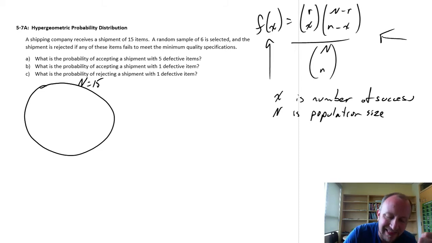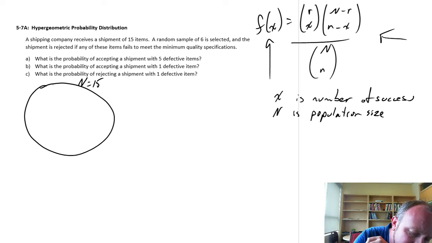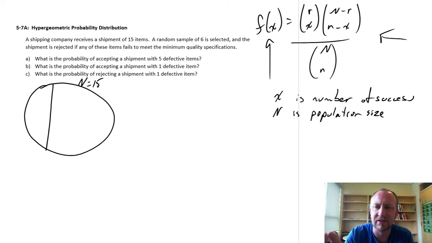That population is divided into those units that meet our quality specification and those units that fail to meet our quality specification. So I'm going to split it, not quite in half, it's quite arbitrary where I'm drawing that line, it doesn't matter.